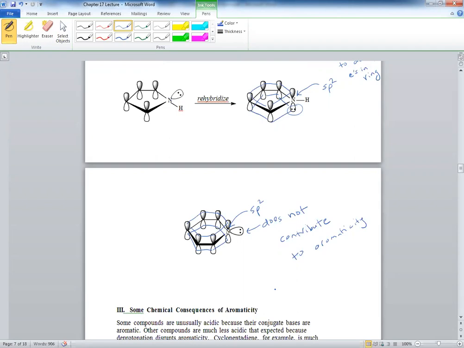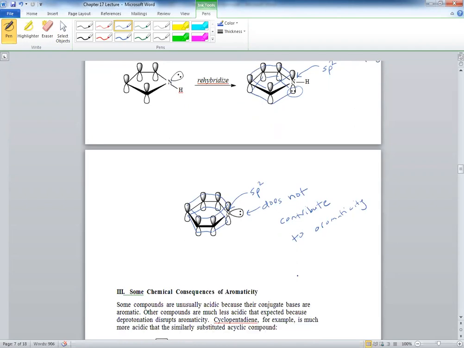So let's look at ways of getting a shortcut. Let's look at nitrogen and phosphorus, since they are in the same group. You have nitrogen, phosphorus, and then arsenic, but we're only going to look at nitrogen and phosphorus.